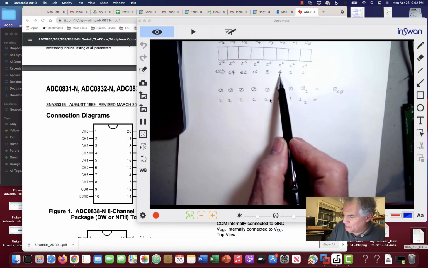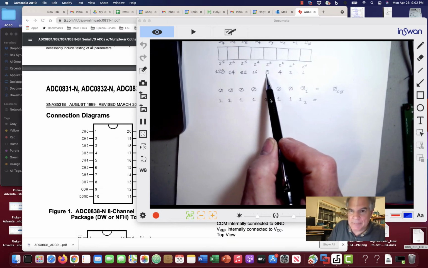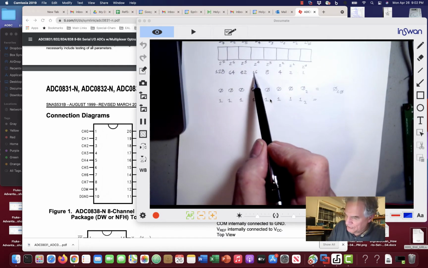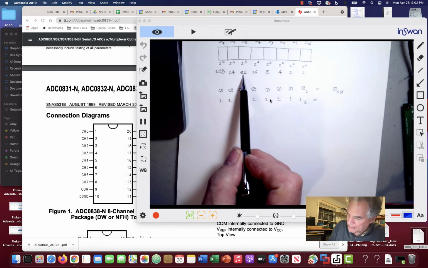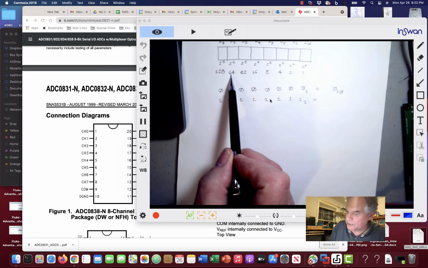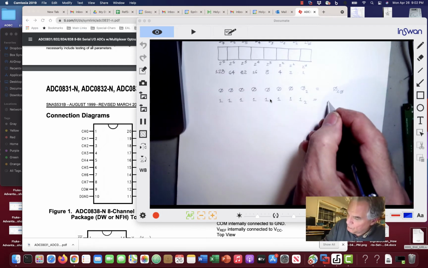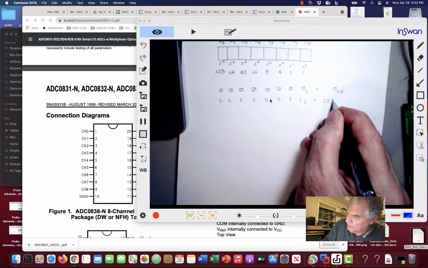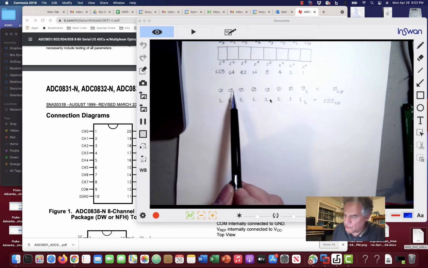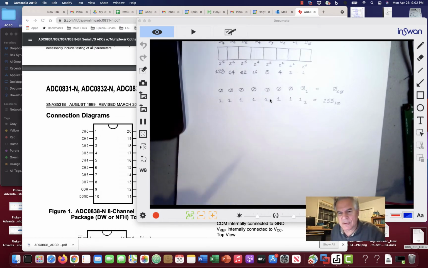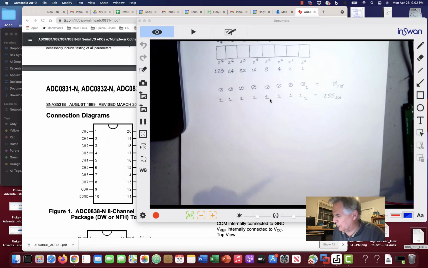Well, 4 plus 3 is 7. Add 8, that's 15. 16 and 15 are 31. 32 and 31 are 63. You add 63 and 64, you get 127. You add that to 128, and you get a grand total of 255 base 10. So there's the whole range of unsigned binary numbers that you can get, right?